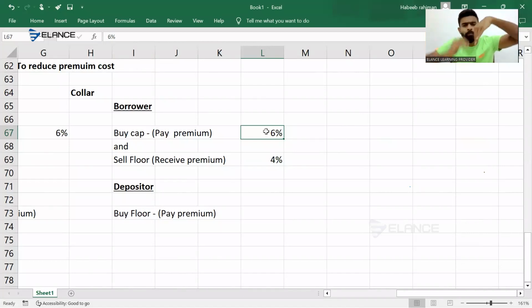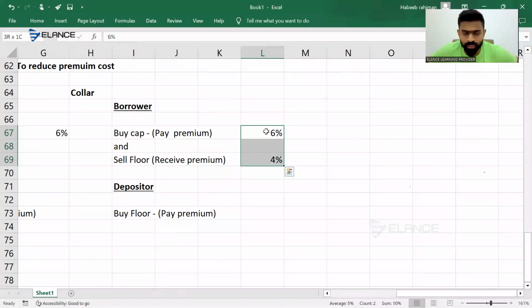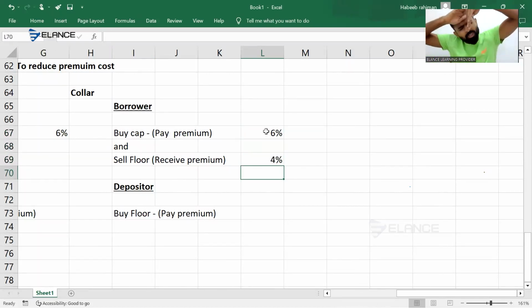It could be reduced, but at maximum it will be reduced till which point? 4%. So we are losing some flexibility. Previously, the interest rate could be 3, 2, 1. It could be reduced to any point. We were getting full flexibility. In a collar, we will lose some flexibility. But what can we reduce?